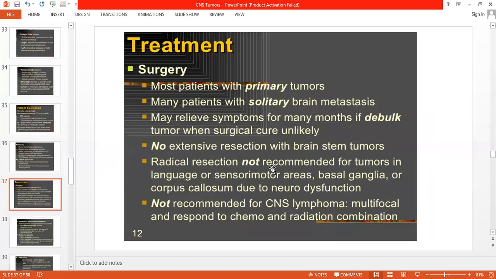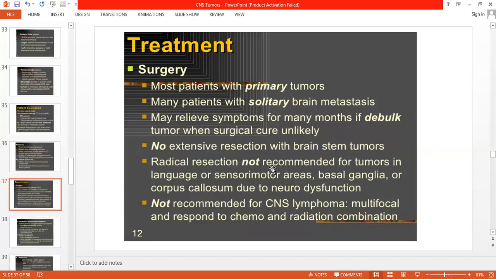So even then, you have to debulk the mass of the tumor to make it smaller in size so that it can no longer compress the brain, and the patient will get relieved of the tumor-related signs and symptoms which were due to mass effect. So, by demassing or debulking the tumor.